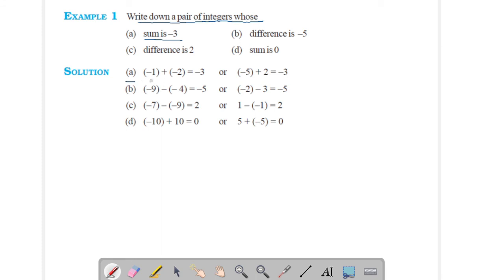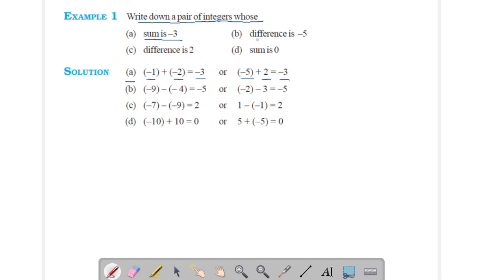Let us take two integers minus 1 and minus 2, and if you add them, minus 1 plus minus 2, you will get minus 3. So this is your answer. Or you can take another example also, that is minus 5 plus 2. If you solve it, you will get minus 3. This is also your answer.